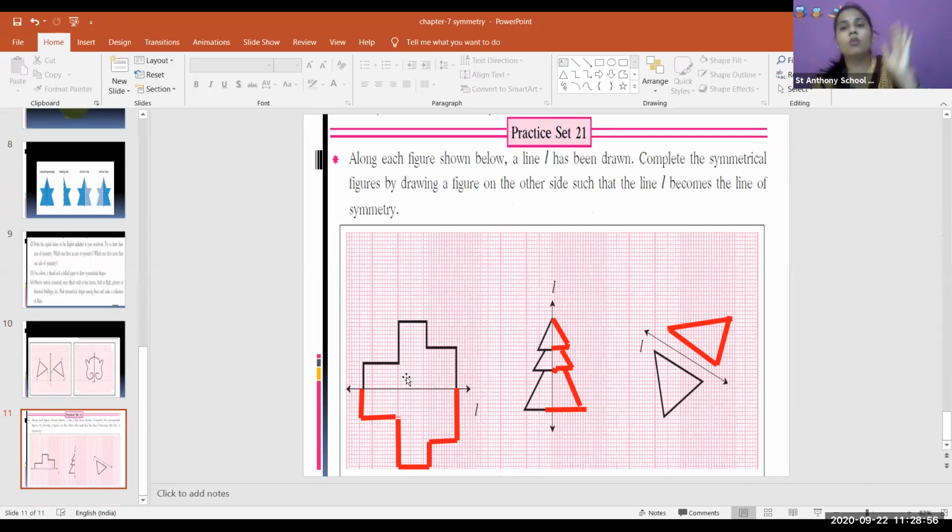In this practice set 21 we have seen how to draw the other side of the diagram, which looks exactly like this part, so that this line L becomes the line of symmetry.